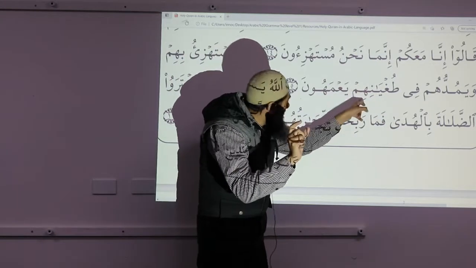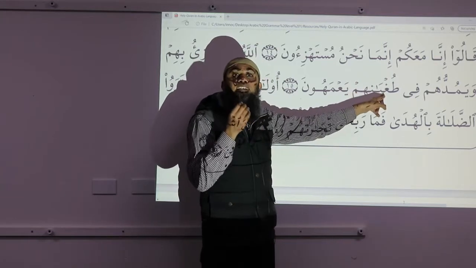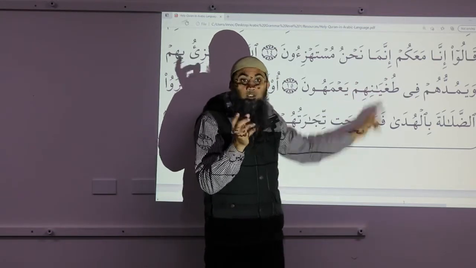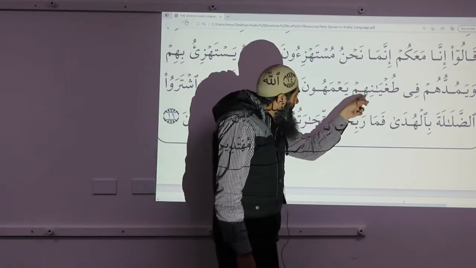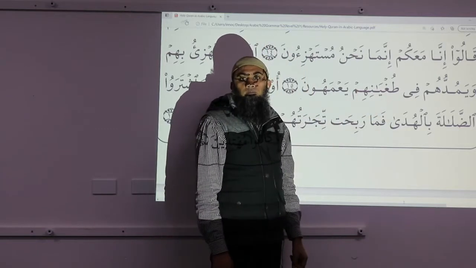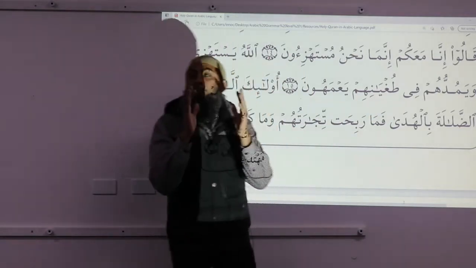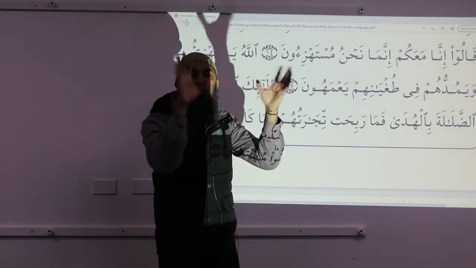Now let's focus on this one. We have an attached pronoun. It is attached with the ism because rebellious is an ism. Not to rebel. No, rebellious itself is an ism. So him will be mudaf ilayh and tughyani will be mudaf. Because what is the rule? Whenever you see an attached pronoun with the ism, it is the case of murakkab idafi.